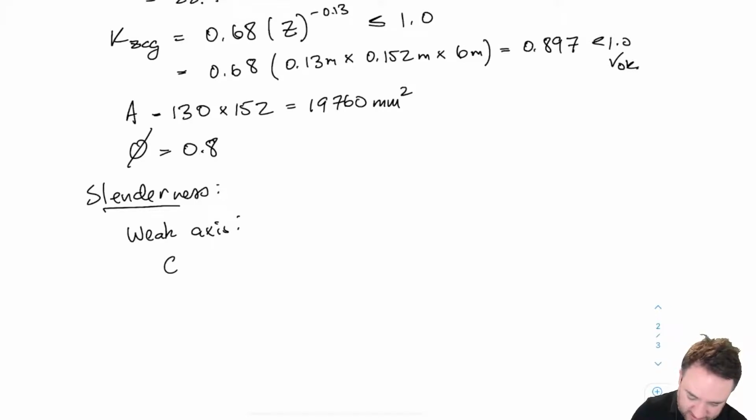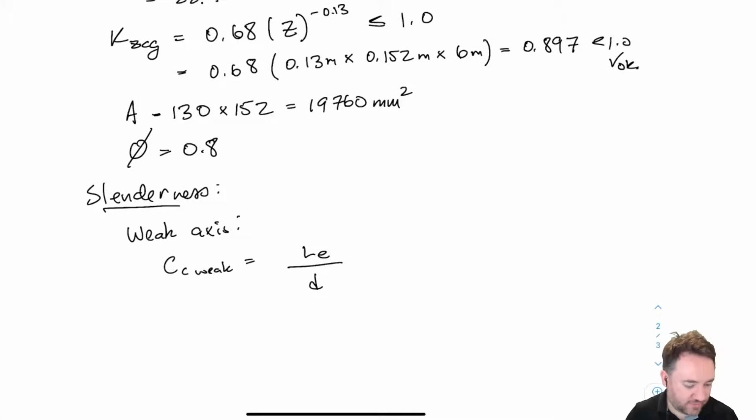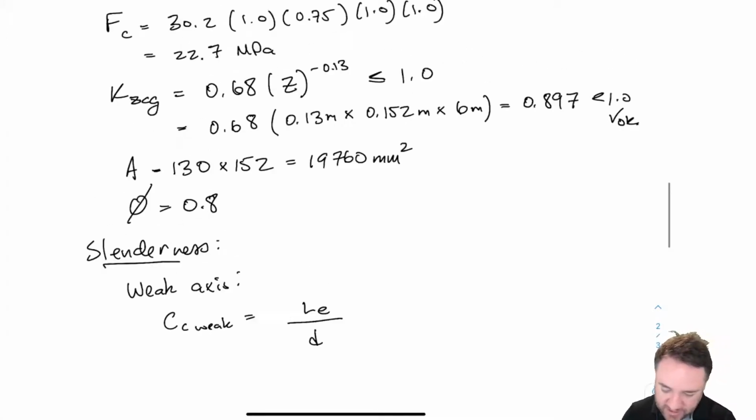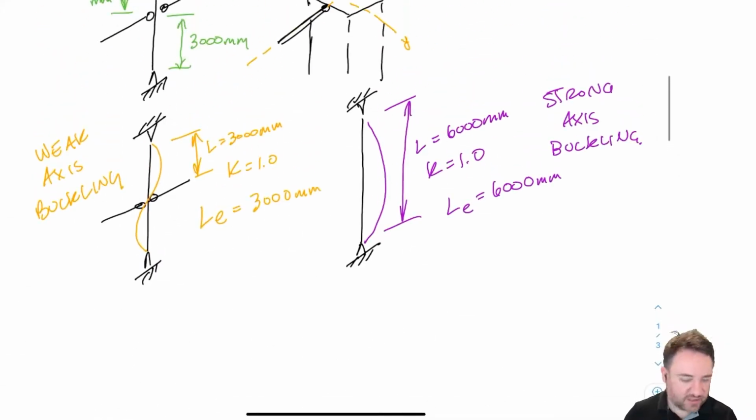Okay, so weak axis, CC, I'll call that CC weak, is going to equal the length divided by the D in the direction of buckling. Okay, so here, if I'm talking about the weak axis, we remember that our weak axis effective length is 3,000 millimeters. And what is the dimension in that direction?